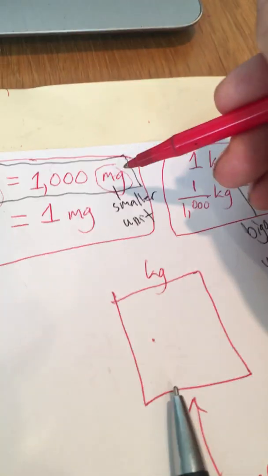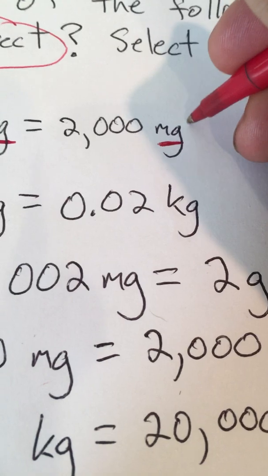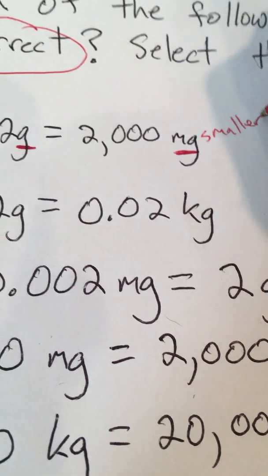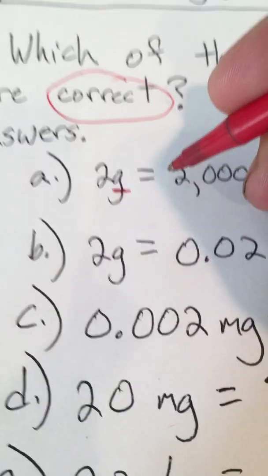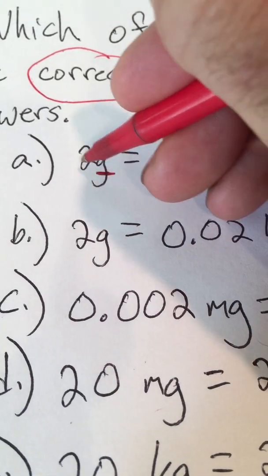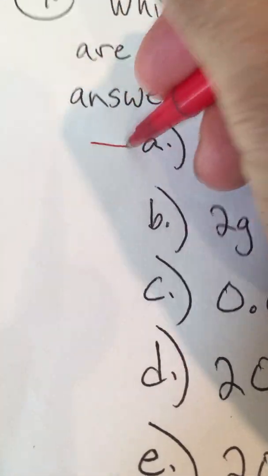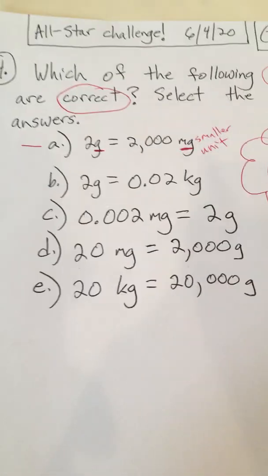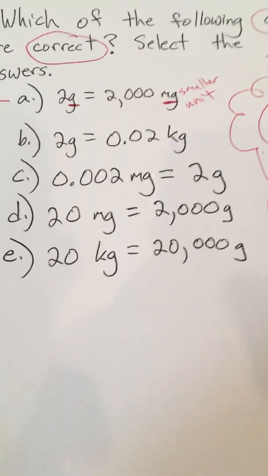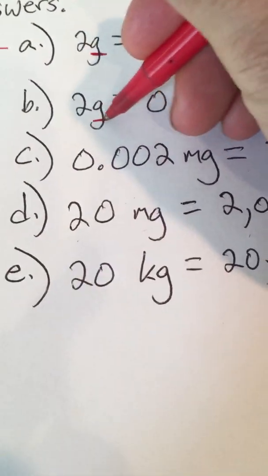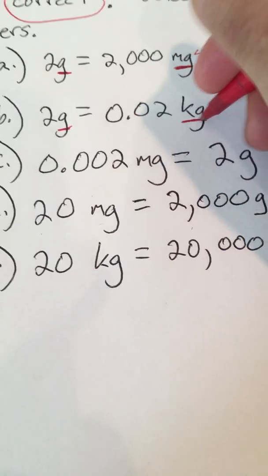Like we said, milligrams are the smaller unit. So since milligrams are the smaller unit, we need to have a bigger number of them. Bigger unit, smaller number of them. So this could be the right answer, I'm just going to put a little line right there, but I'm not quite ready to dig into it yet. Now let's look at grams versus kilograms. Kilograms are the bigger unit.